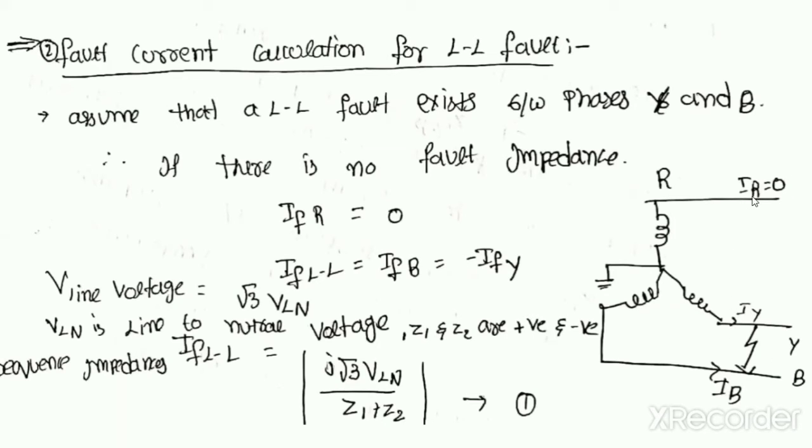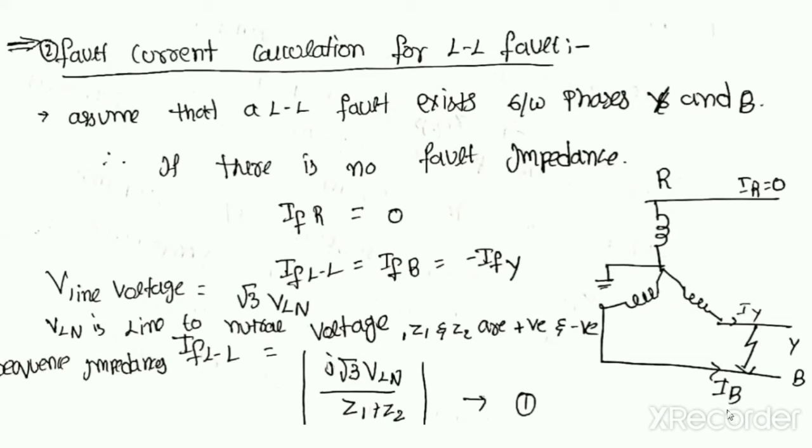This is the R phase, Y phase, and B phase. The fault current exists between the Y and B phases.